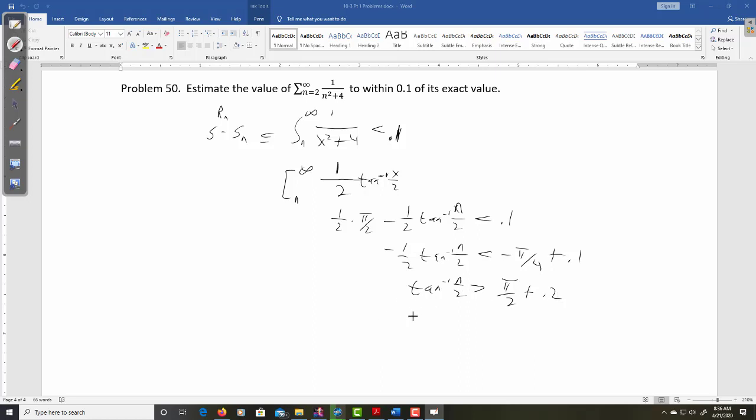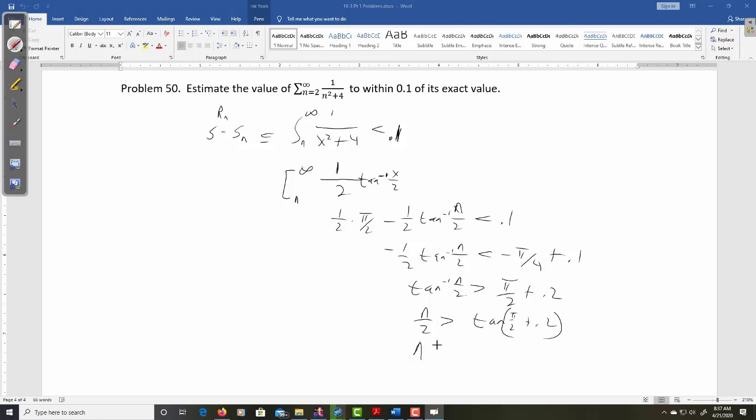Take a tangent of both sides. It's somewhat suspect what that would do to the inequality, but I'm not really worried about it, because I know n has to be greater than some bound for this to happen. So I'm just going to keep it as greater. Tangent of pi over 2 plus 0.2.